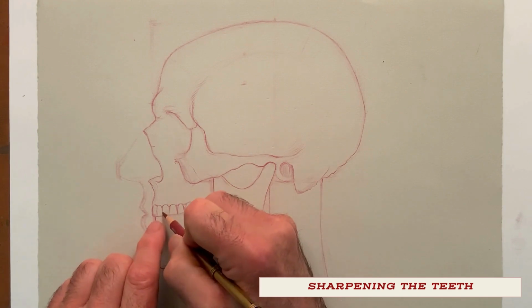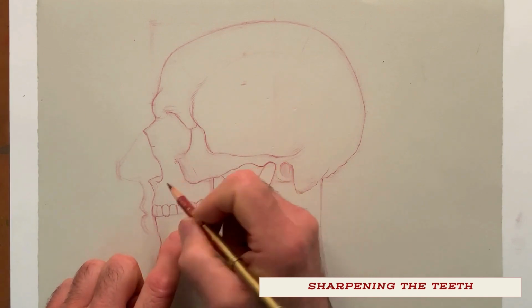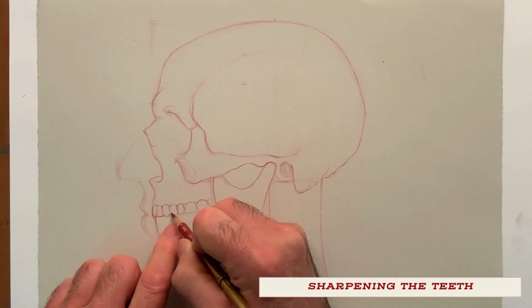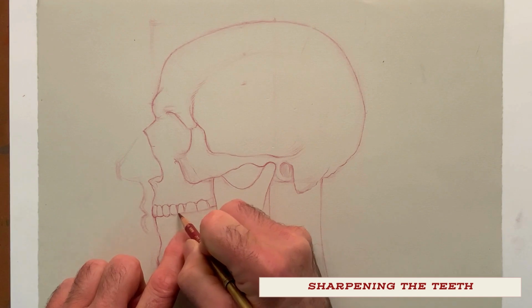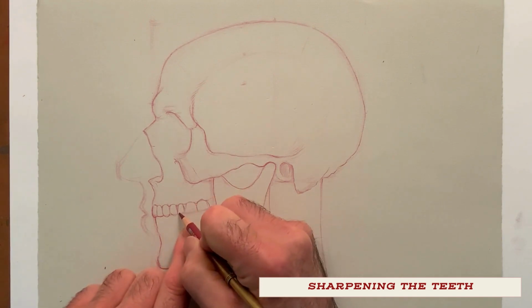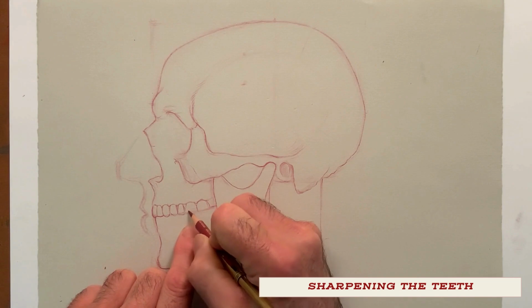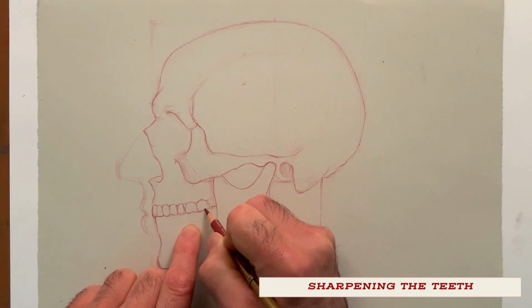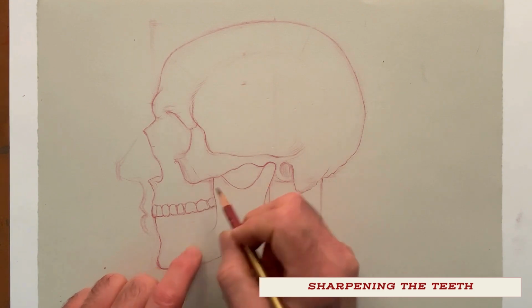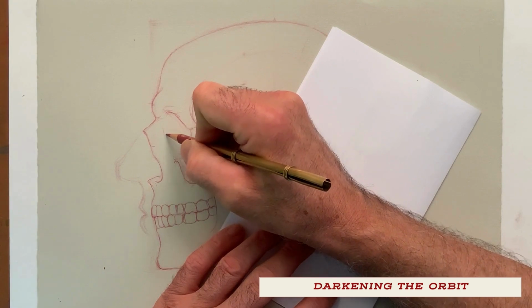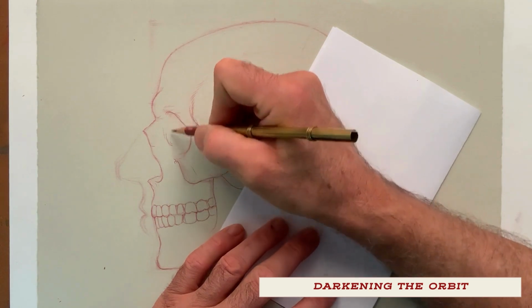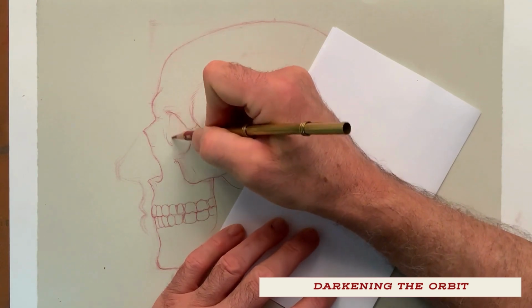So canine, right here like this, and here we have the premolars, the molars. Okay, so now I'm going to darken the orbit like this, right?